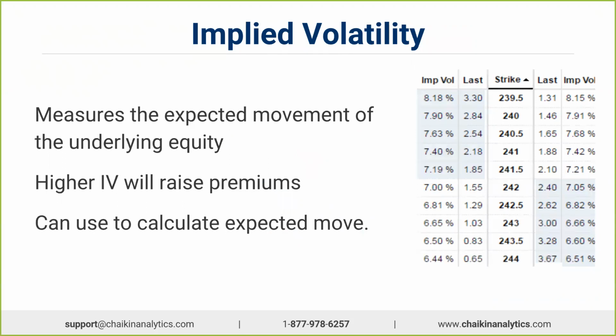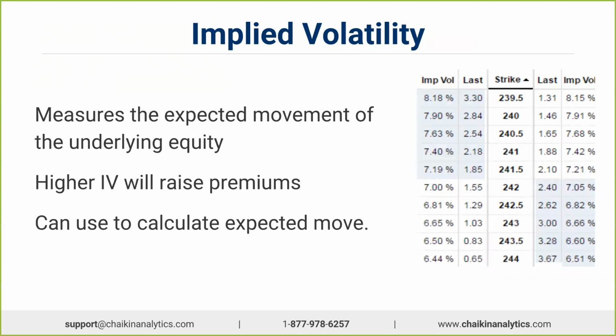When we look at implied volatility, we want to look at implied volatility on individual equities and understand what they are for individual equities. Implied volatility can tell us if an individual equity is currently trading at the upper end of its volatility range or at the lower end of its volatility range, which becomes very important when we talk about Vega, which is a Greek we will get to in a second.